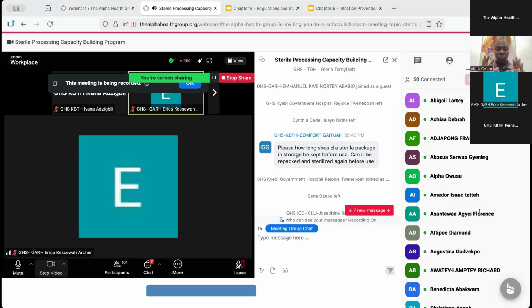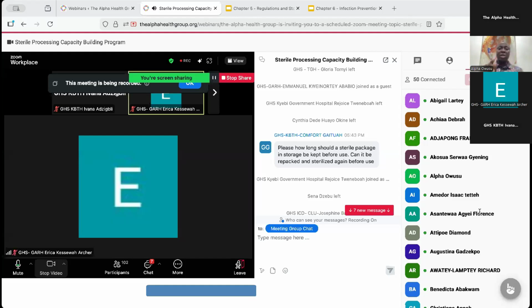So to best answer your question, now that we are using different kinds of materials for packages, we are going to come up with one policy, and then we will write the documentation: the sterilization date and the expiration date, 6 months.